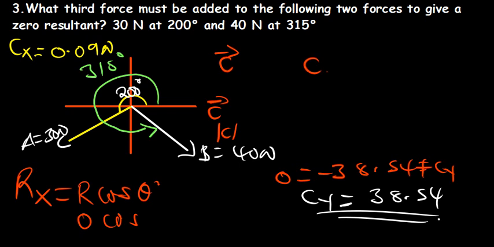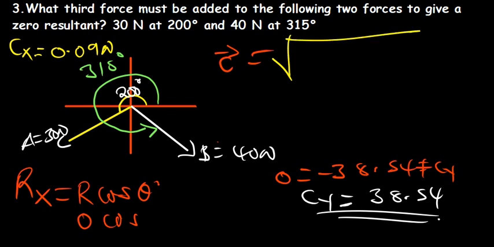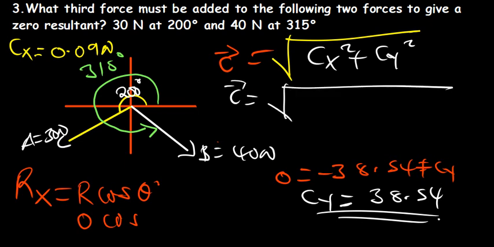Don't just say C is equal to, that is now a scalar quantity. So I'll say C with the arrow on top, then the square root of Cx squared plus Cy squared. So my C will be equal to, I plug in the values now, I'll have my Cx is 0.09.